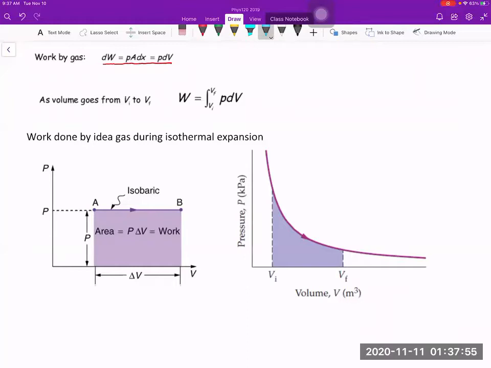Let's look at some of the basic processes. The first process, on the left, is what we call isobaric.